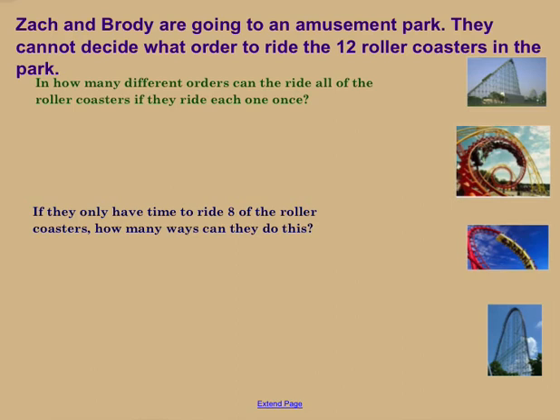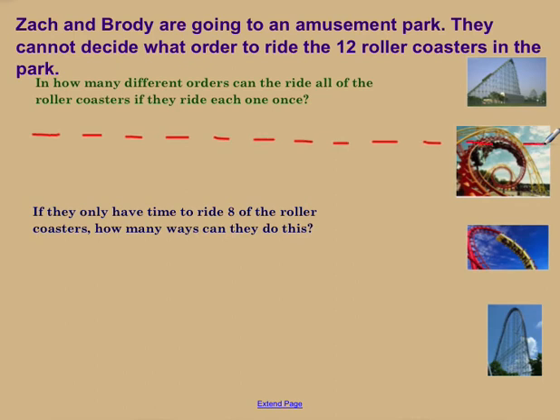So Zach and Brody are going to an amusement park. They can't decide what order to go with the 12 roller coasters in. So the first part, how many different orders can they go on if they ride each of the roller coasters once? So 1, 2, 3, 4, 5, 6, 7, 8, 9, 10, 11, 12. Okay, so there's 12 spots.